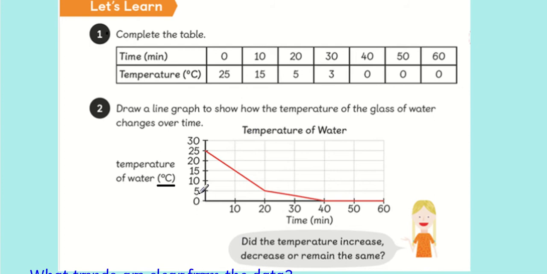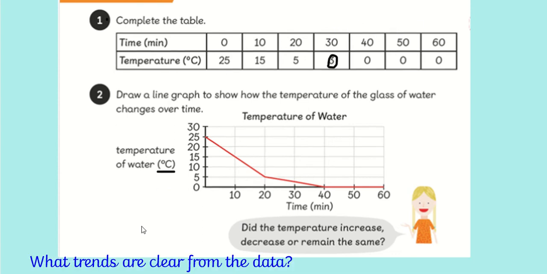Even though there is a 3 here, we can still fit it into our graph. And we've gone up in 10s in the minutes because those are the increments, what they're called, that we have here.